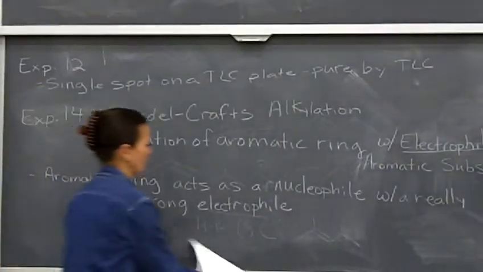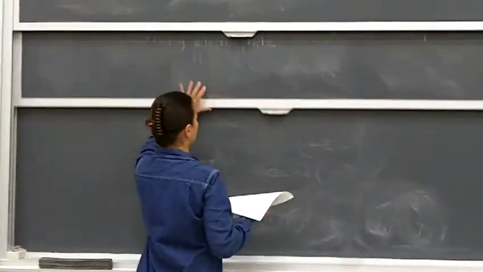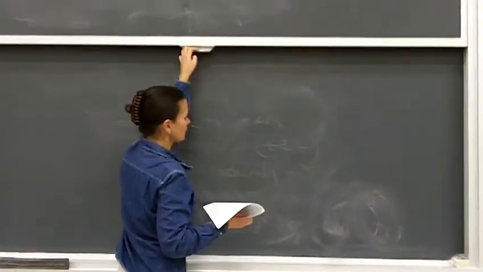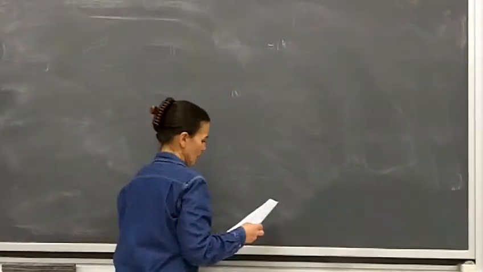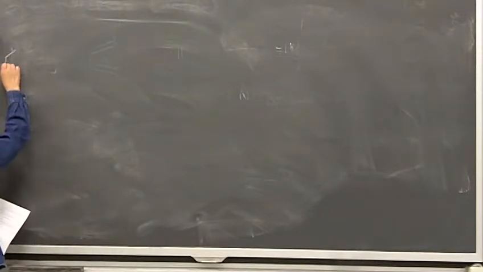So we're going to look at the reaction we're doing, and then we're going to talk about the different possibilities of what can happen with our reaction, okay? So we are reacting, we're taking toluene, all right?